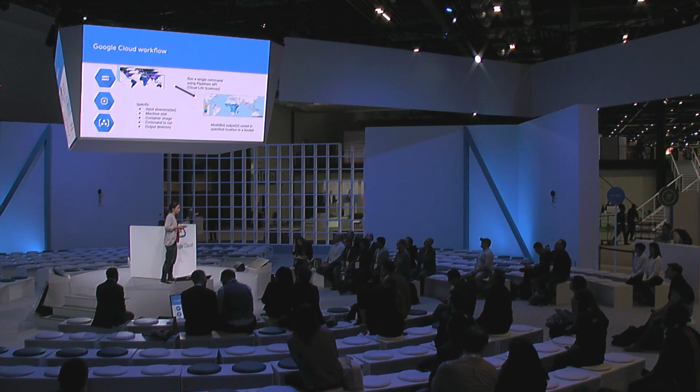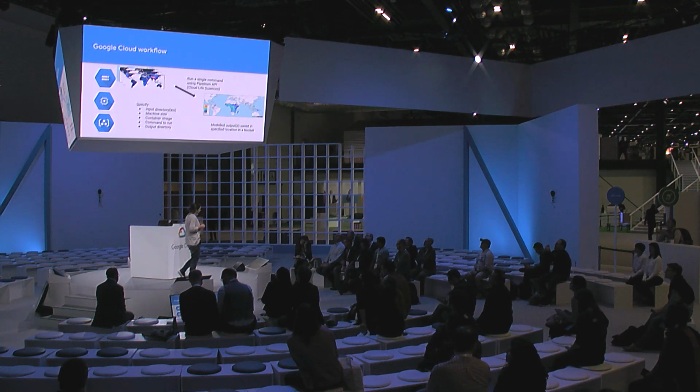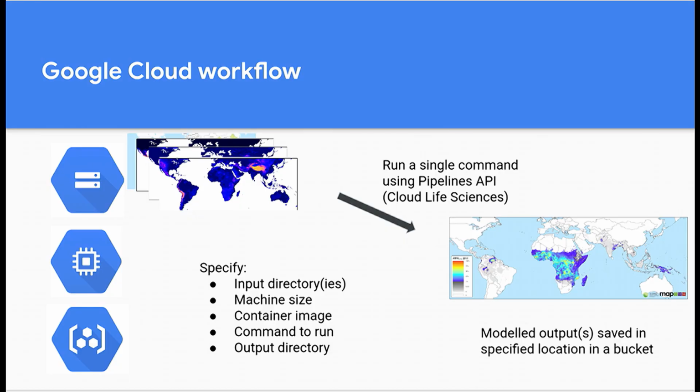So how do we use Google Cloud? So we're taking all of this data, and what we want to do is run our models on this data to produce global maps of malaria risk. And using Pipelines API, we can run a single command telling it where our input data is in cloud storage, what size of machine we want, what container image to use to define the environment, and where to output our results.